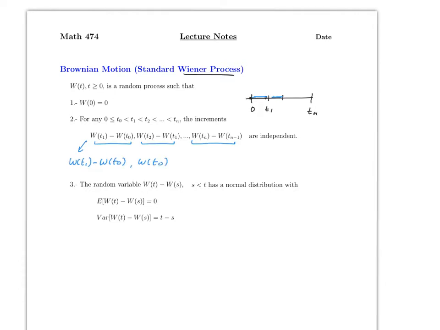The third property is the following: the increments for any s less than t have an actual normal distribution. In this case, this is a standard normal. This is why this is called the Wiener process. So this is a standard normal distribution where the expected value of the variable is 0 and the variance is t minus s.